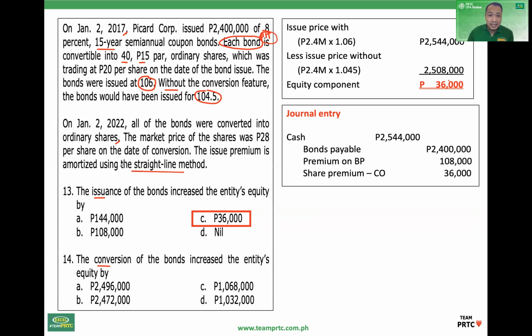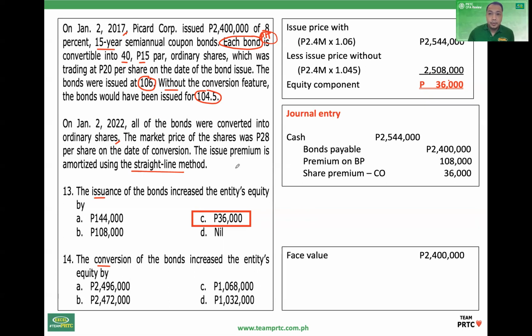Otherwise, based on the 2508, we would compute the effective rate. So let's get the carrying amount on the date of conversion. Face value, 2,400,000. The premium is 108 to be amortized over 15 years using the straight line method.